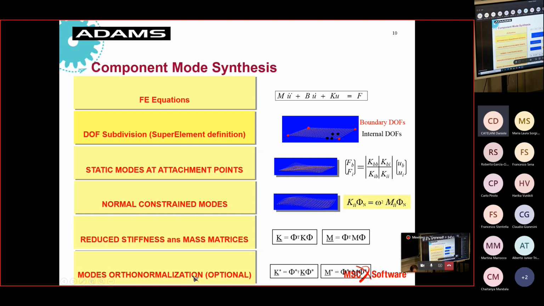This orthonormalization procedure diagonalizes the stiffness and the mass matrix, providing the same result in terms of deformation and stress when you apply this flexible body in Adams, but with a different model representation. Equivalent results with a different model representation, which is much more efficient because the diagonal matrix is much more efficient from a numerical point of view.